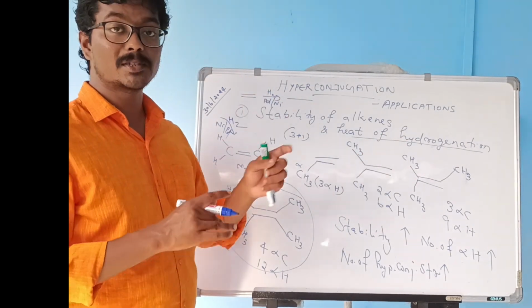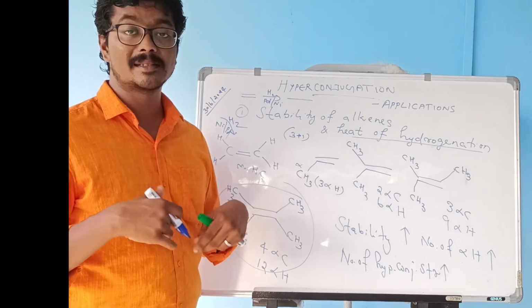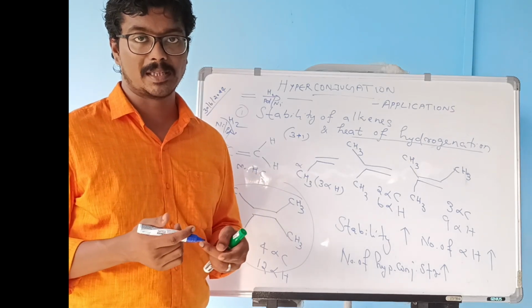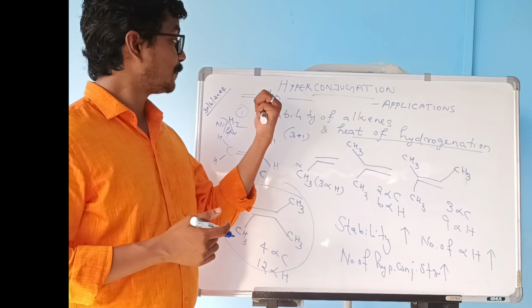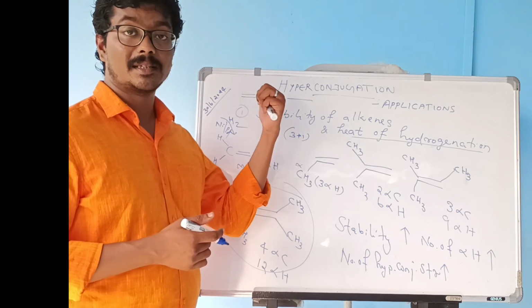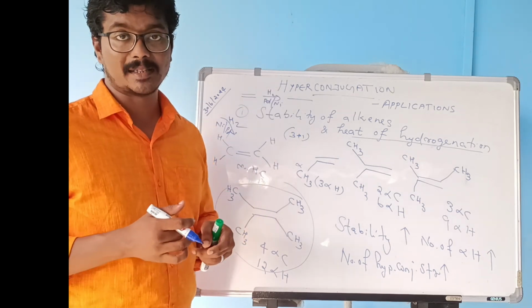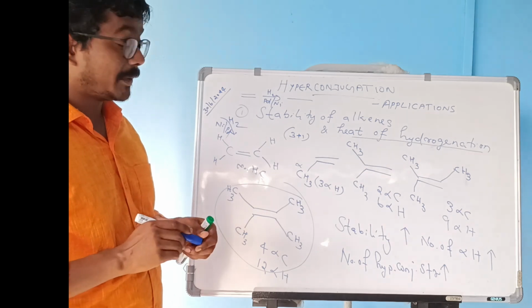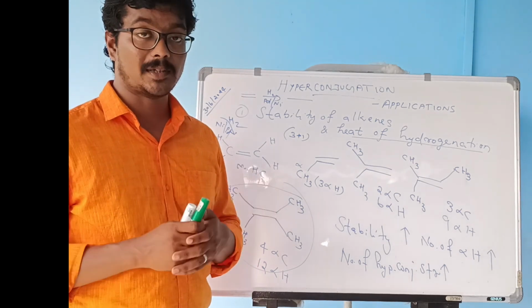Hydrogenation is the process of conversion of an unsaturated compound to a saturated compound in the presence of a metal catalyst by the addition of hydrogen. The enthalpy, the heat generated, is known as the heat of hydrogenation.